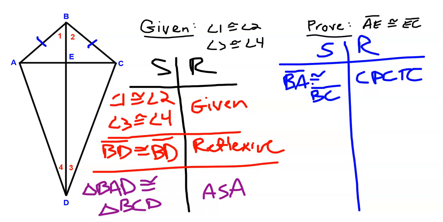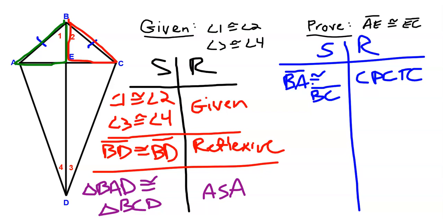Great. Well, now that we have that, we have more information about the small triangles that we're actually interested in, BAE and BCE. But we only know that because we proved the larger triangles BAD and BCD congruent first. We already know that angle 1 and angle 2 are congruent. Those are in both of those triangles. We don't have to say it again.